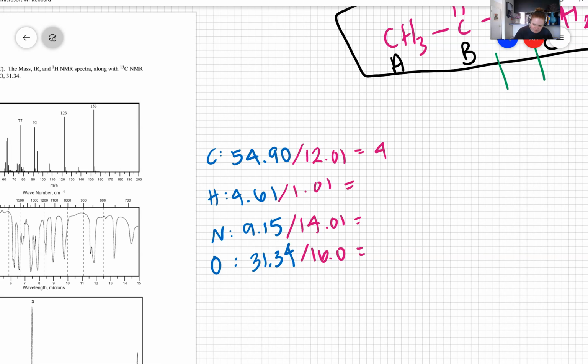So I get 4.57, 4.56, 0.65, and 1.96. Alright, now we're going to divide them all by the smallest, which is the nitrogen value, the 0.65.